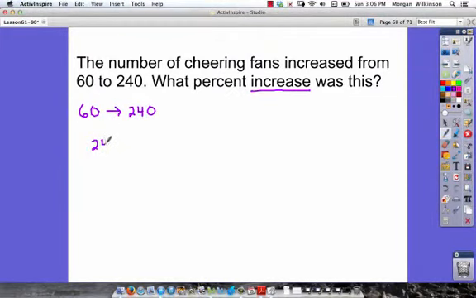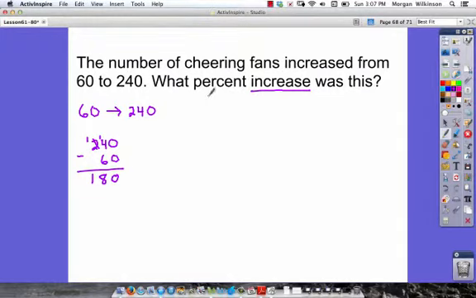Well, you'd have to subtract to find the difference. We'll borrow from the 2 to get a 1, and we've got 14. Well, 0 minus 0, that's 0, and 14 minus 6, that's 8. So we get 80. Well, that's not right because we've got our 1 as well. 180, that's correct. 180 was the number of fans that we increased.